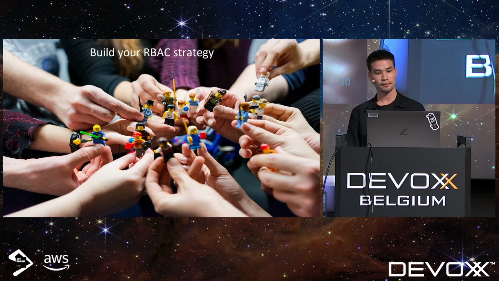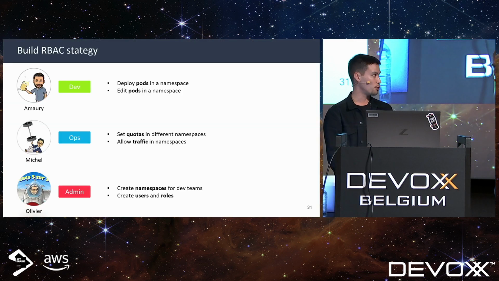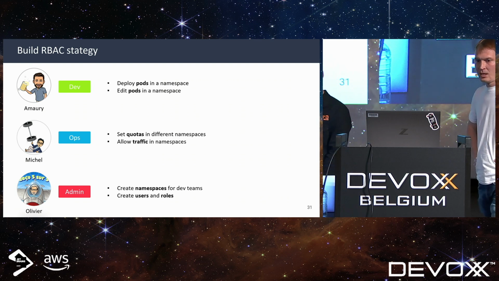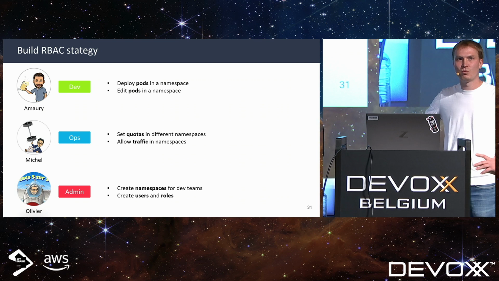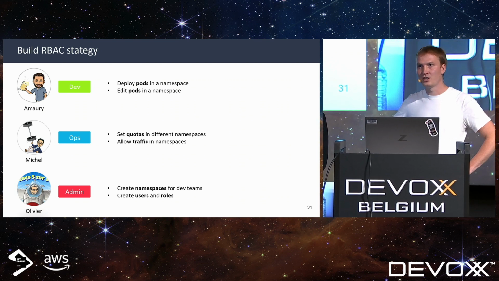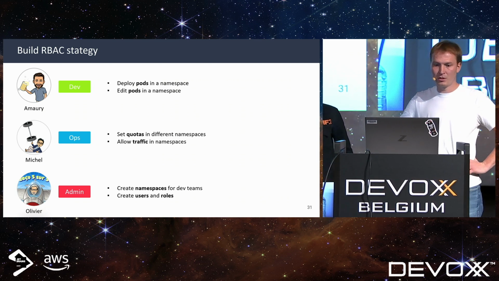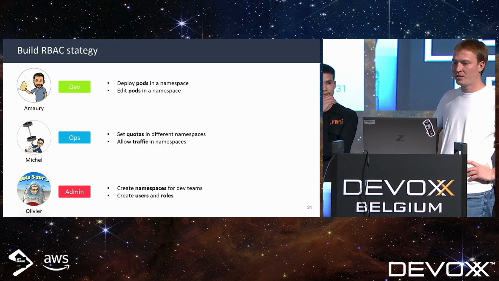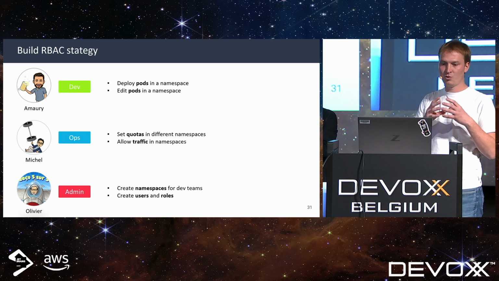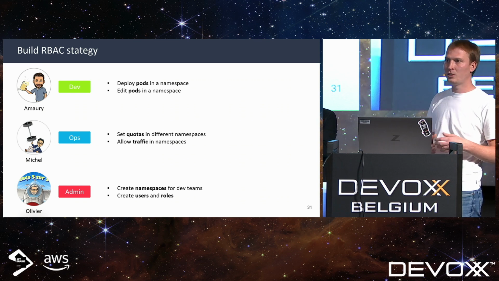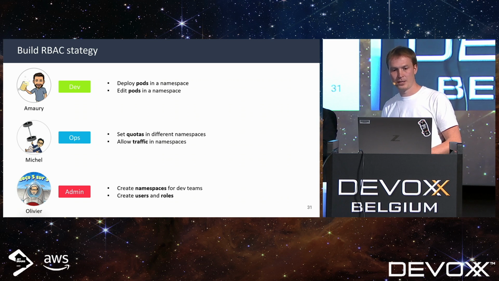All right? Let's start with the RBAC strategy, and I'll head over again to Vincent. Yeah, so before using your RBAC strategy, you have to think about what kind of user will interact with your cluster. In this example, we have some developers like Amory, and Amory, we don't really trust him, so we just want him to deploy pods on a particular namespace.